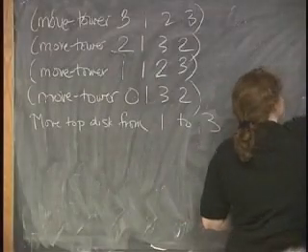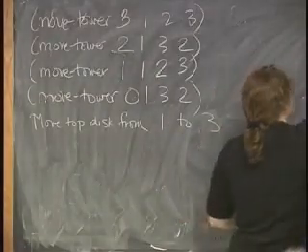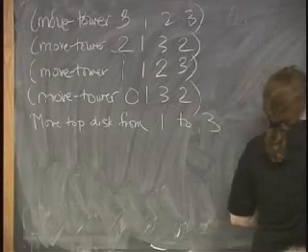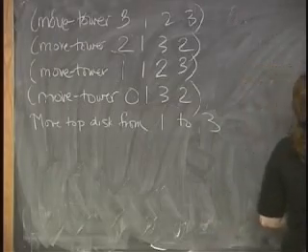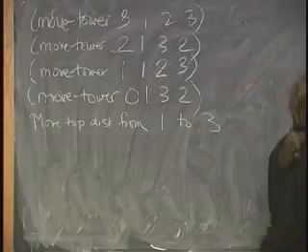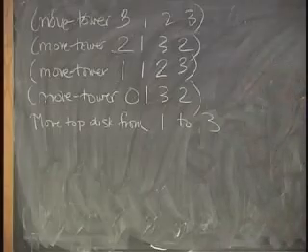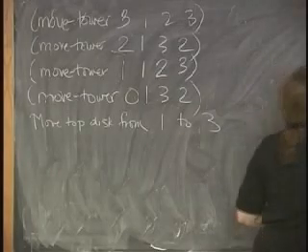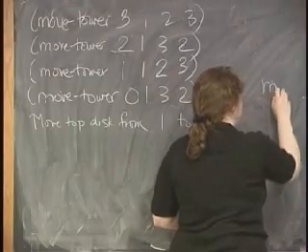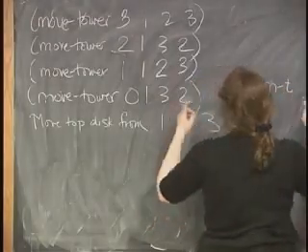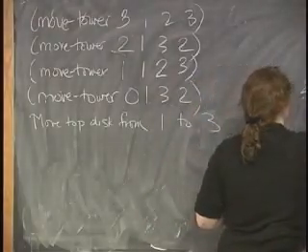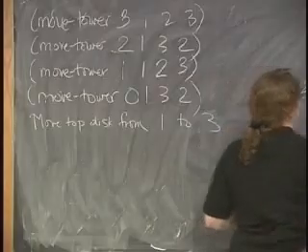Let's try to do this a different way. Let's say we're moving a tower of 3, 1, 2, 3. We're going to do a move tower on 2, 1, 3, 2.